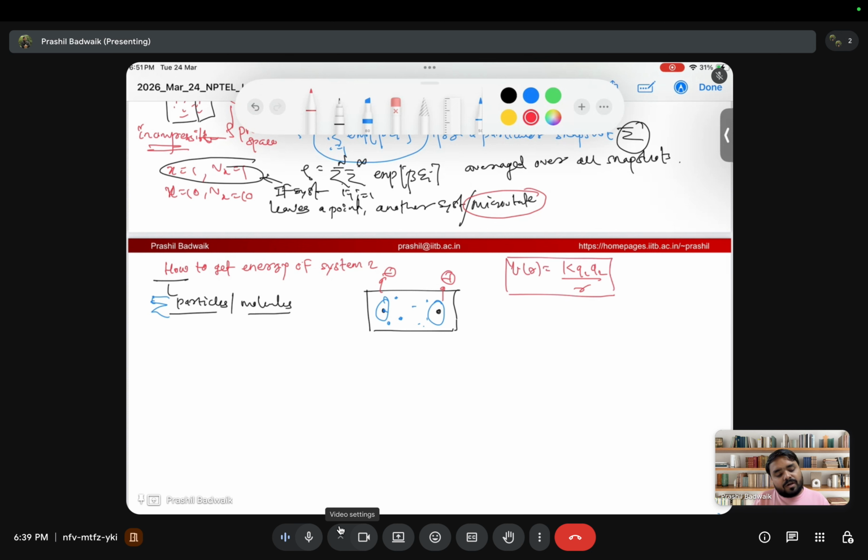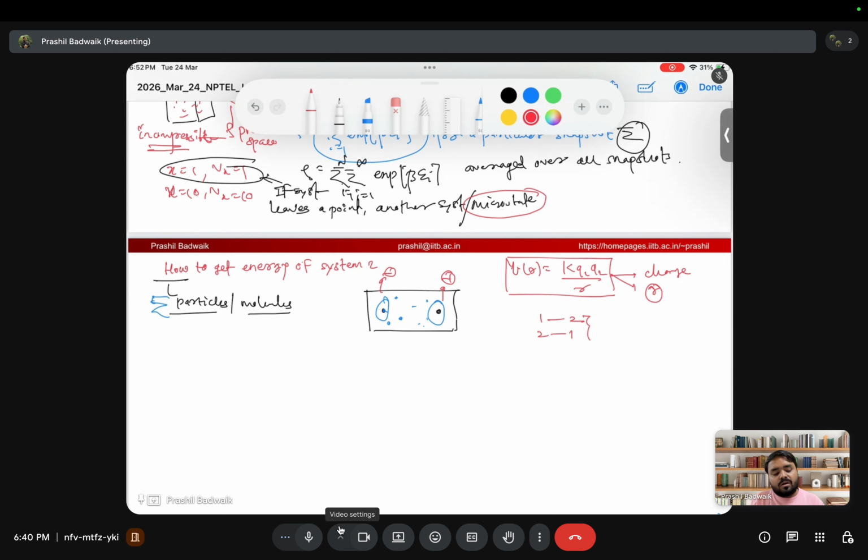So you just substitute the values of the charges, and you substitute the value of r, which is the distance between the particles. Upon substituting the values of charges and r, we can get the energy between two particles. We will do it for each and every particle in the system, with a caution that the interaction energy between 1 and 2 is equal to that between 2 and 1, so there should not be double counting.